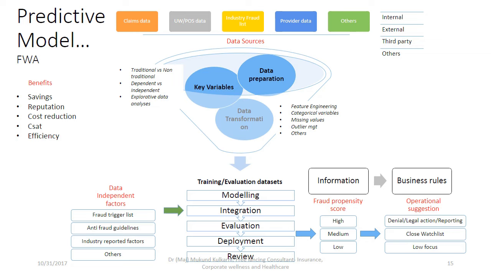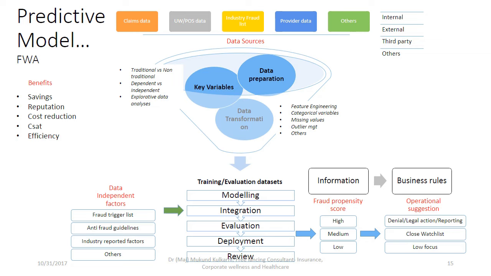It's only that you need to integrate this aspect with a lot of other data related inputs to create a completely holistic predictive model. Of course, every company does have an anti-fraud policy mandated by the regulator in every part of the globe today, the anti-fraud guidelines. So we can pick up variables or parameters from these guidelines and fraud trigger lists, and also industry reported frauds. And there's so much published in the media and in court cases, which also determines this.